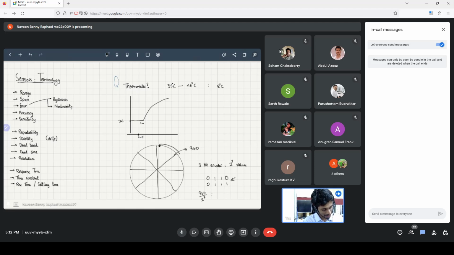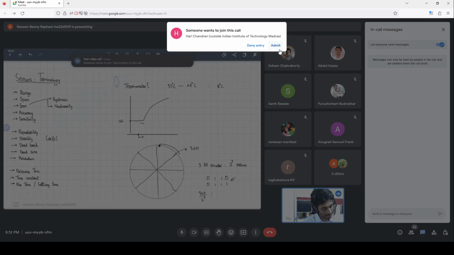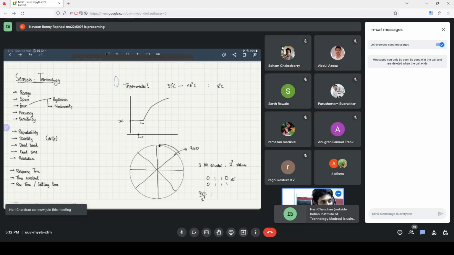Response time, time constant, rise time, and settling time, all of these can be better understood from a graph.